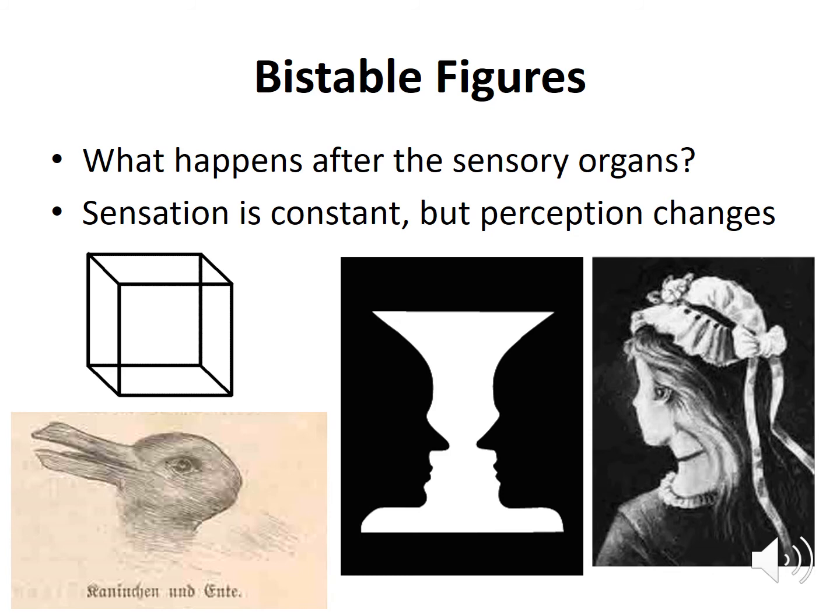The one in the middle is called the Rubin vase. So also try to see there if you can see the faces, and then flip to the vase and flip back to the faces. When you look at these types of figures, they probably spontaneously flip back and forth between the two percepts.